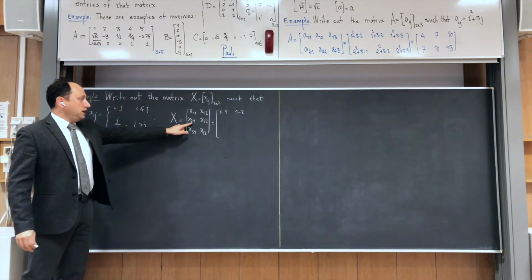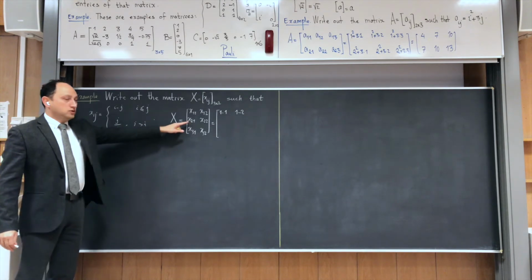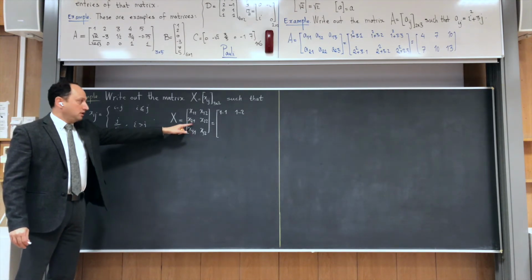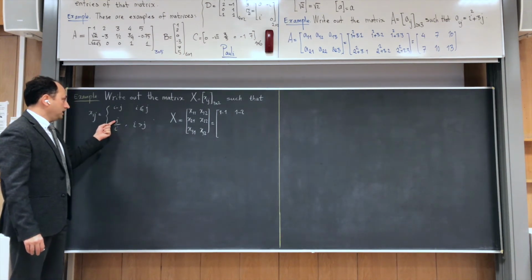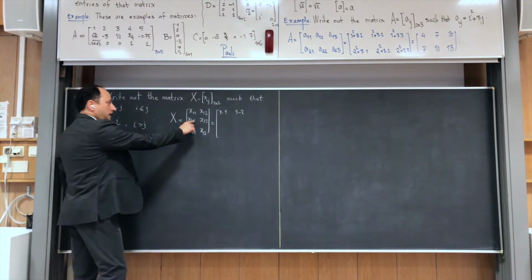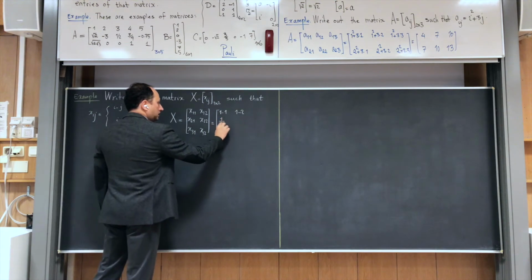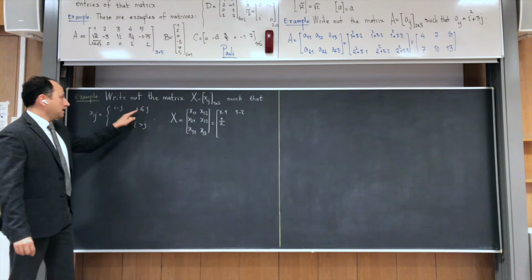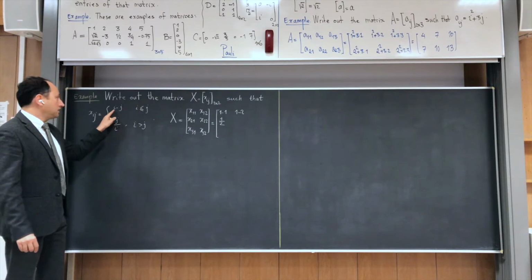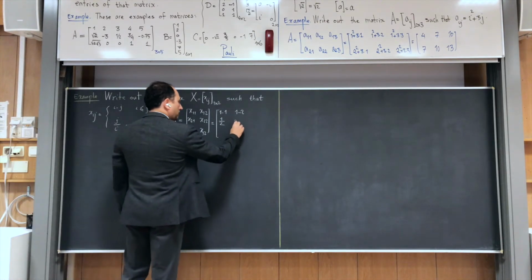But when I go here, the row index is 2, the column index is 1, and this is bigger than that one, so I need to divide the j index by the i index. The j index here is 1, the i index is 2. And the next one, 2, 2, exactly again follows this rule. I need to subtract them, so it becomes 2 minus 2.